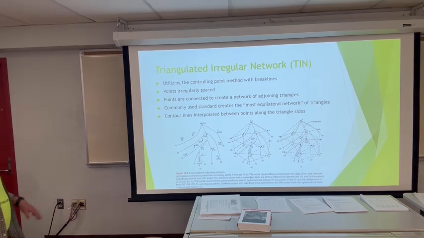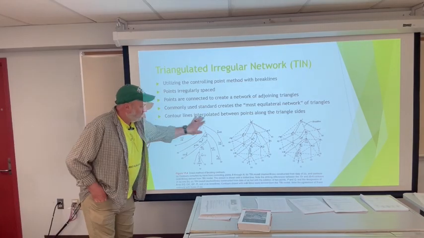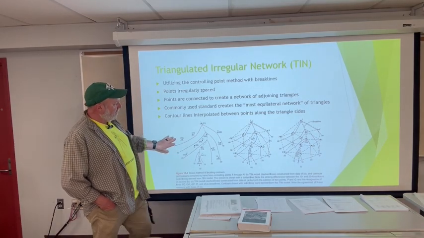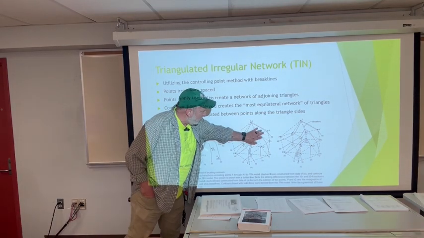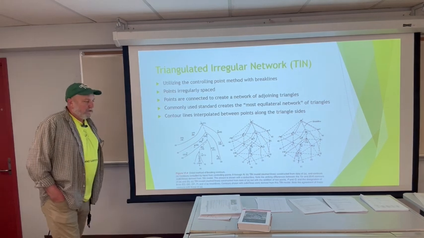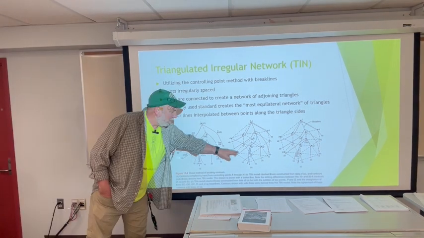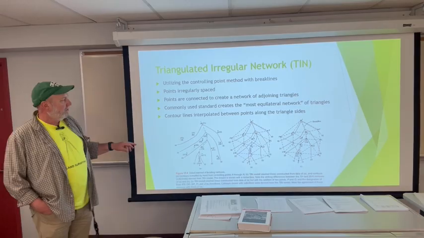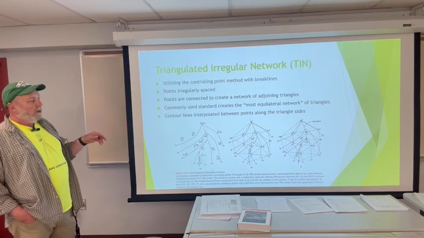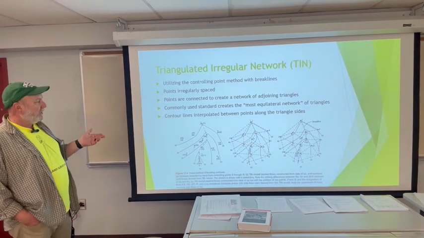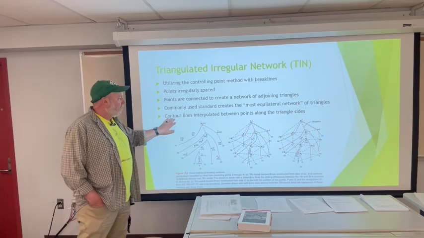Once you have this, okay, so here's your points. We'll look at this a little bit more. These dashed lines throughout here, connecting from point to point to point, make this triangulated network. That's your TIN. What you do after you have your TIN established, all these points, is find the contour lines.